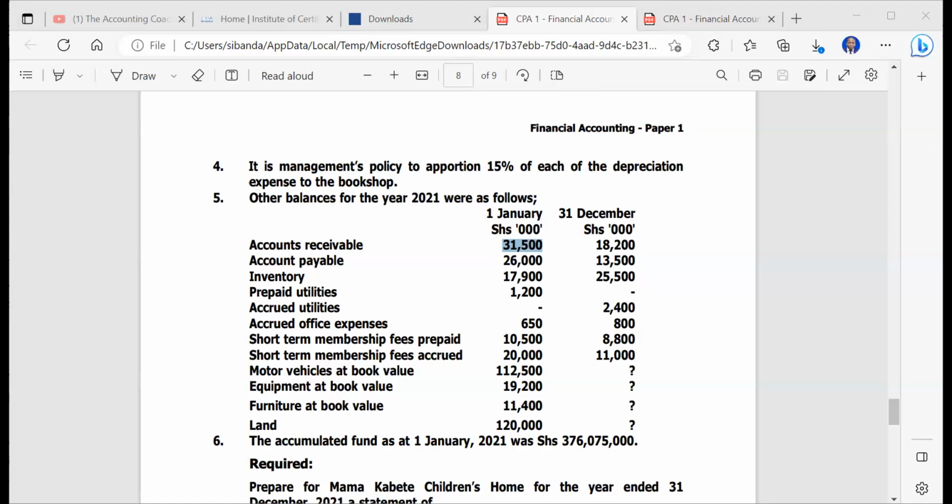Let me call this carried down, and this balance brought down.